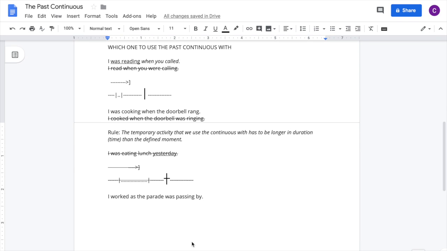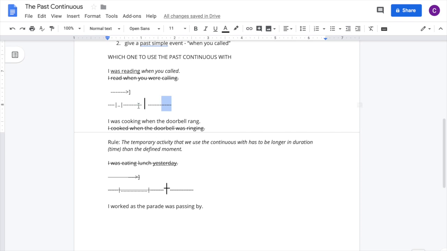Now, in this case, which was our defined moment? Worked, right? So that means parade is longer. So that can happen. There's a big celebration or something. The parade can be all day long. It's a holiday, maybe you can only work part of the day, and so that would be a possibility.